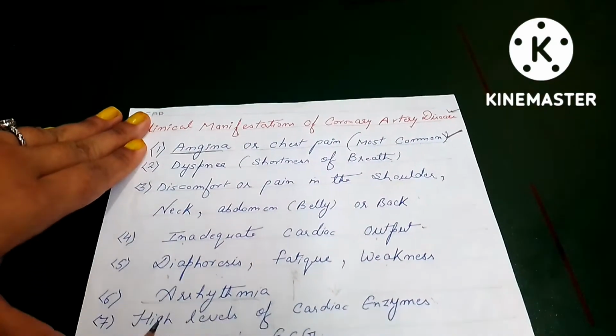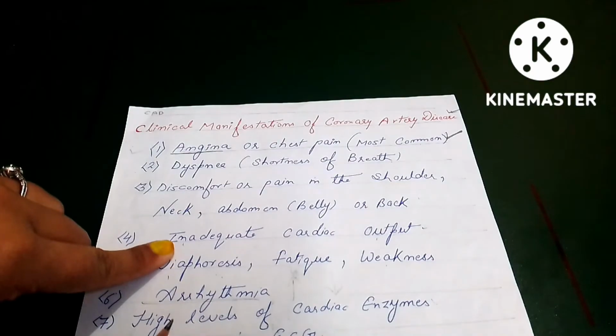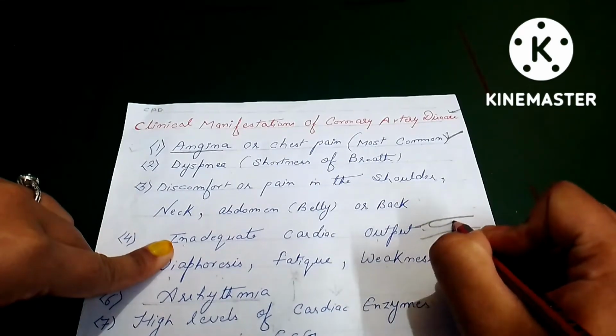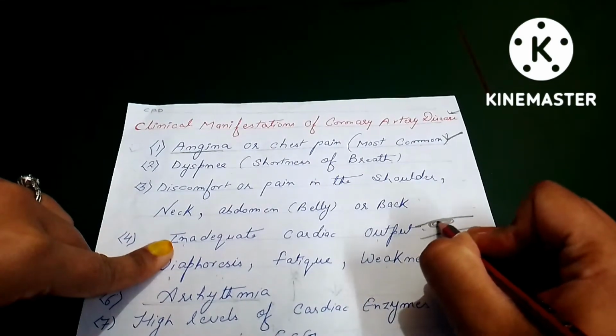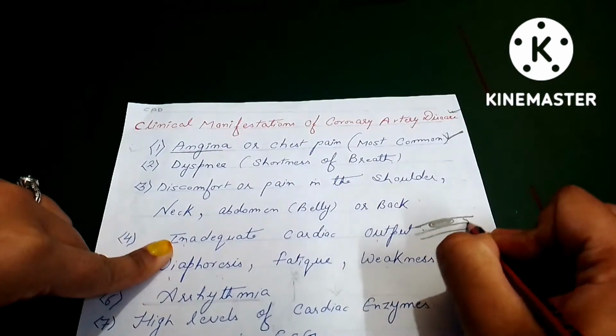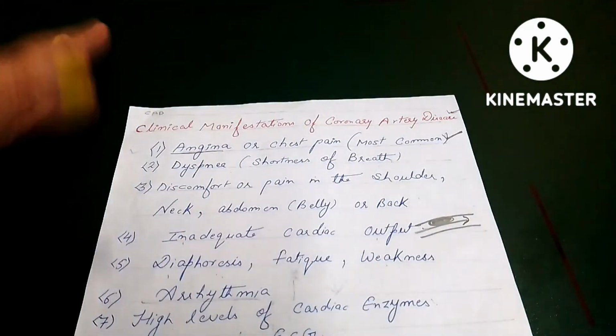Next symptom is inadequate cardiac output, as the cardiac output is low because the coronary arteries get blocked due to the atherosclerosis, plaque formation. So the output of the heart will get reduced because the coronary artery gets narrow.